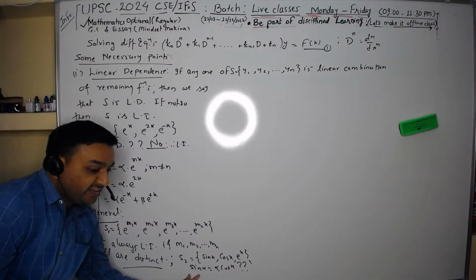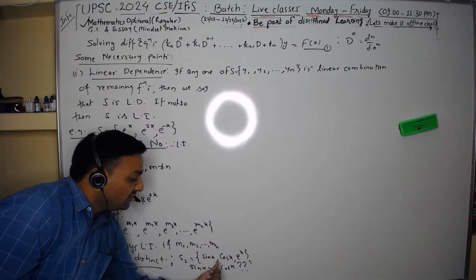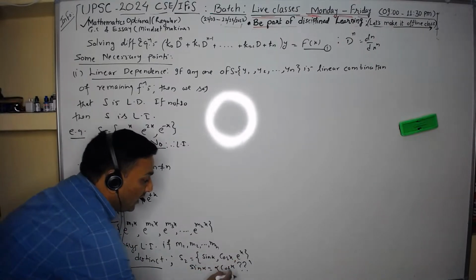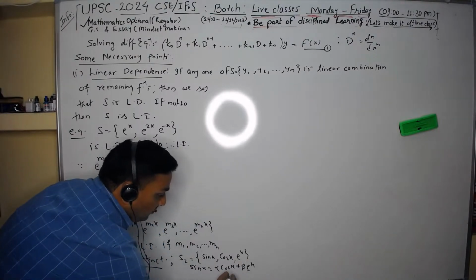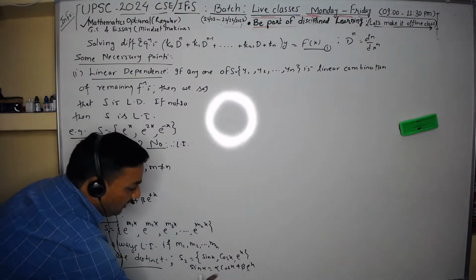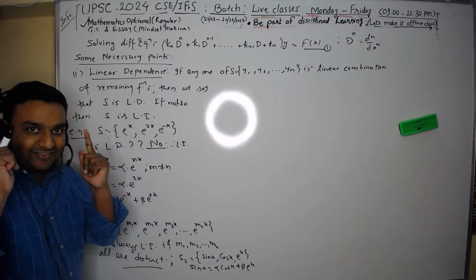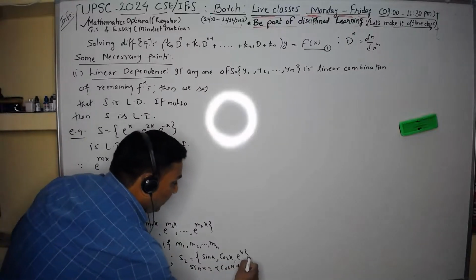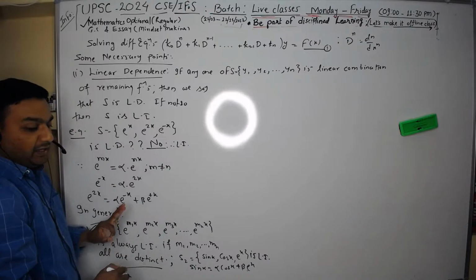So sin x cannot be written as a linear combination of cos x or exponential of x. And if it is possible, Shibu, then tell me the value of alpha and beta. It is not so. So what will you say? This set is linearly independent.